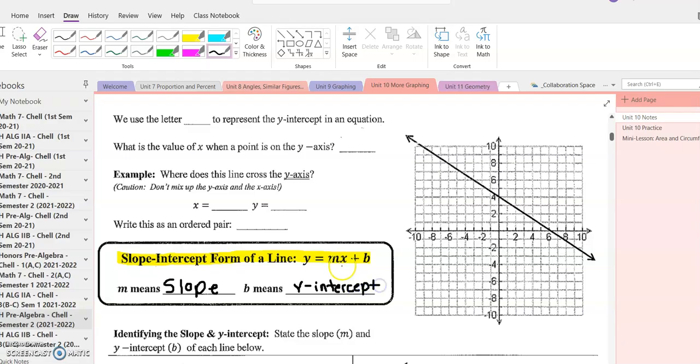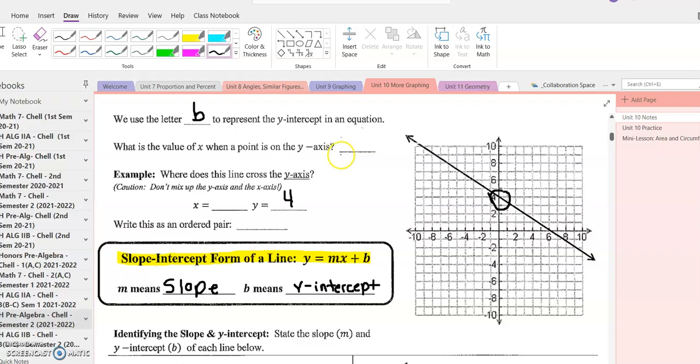The y-intercept is simply where our line crosses the y-axis. Our y-axis is the vertical one here. So for this problem, where our line crosses the y-axis is right here at 4. So it crosses at 4. Just to fill this in up top, we use the letter b to represent the y-intercept.